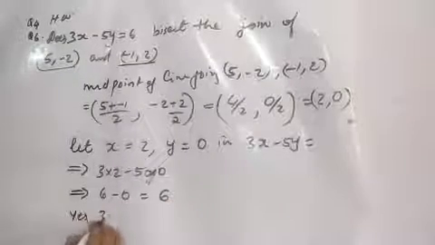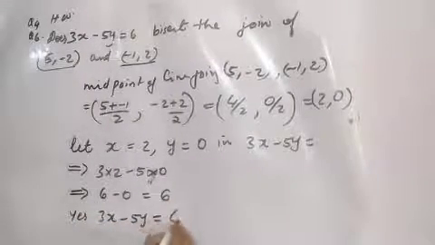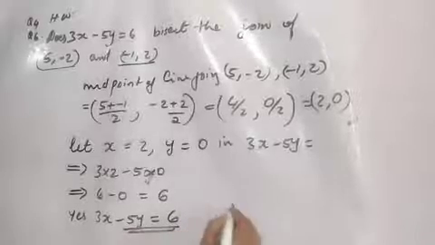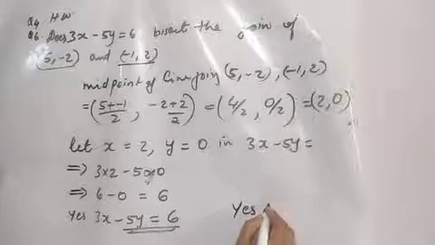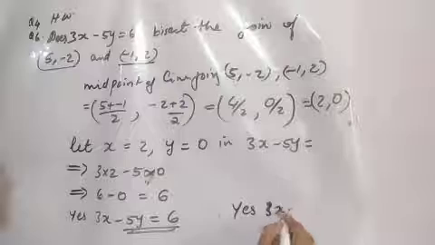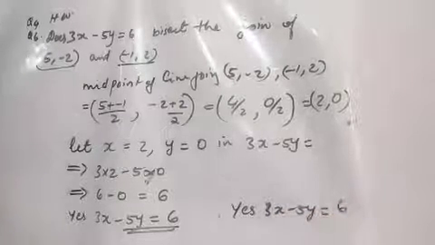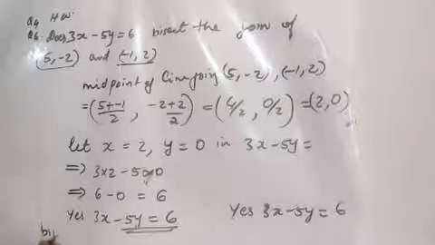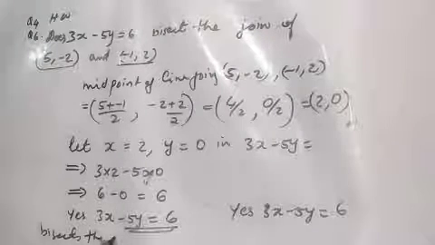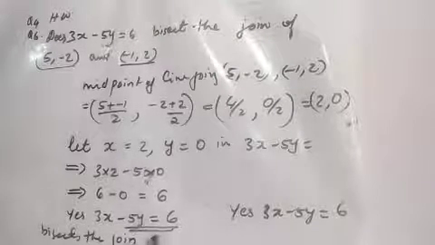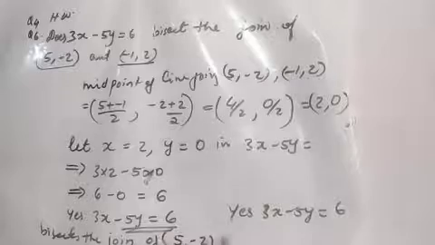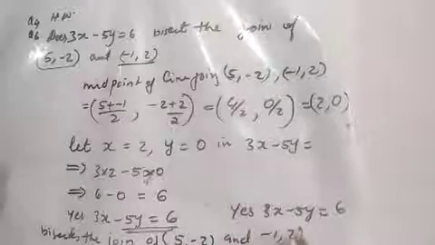Yes, 3x minus 5y equal to 6. Therefore, yes, this line 3x minus 5y equal to 6 bisects the join of (5, minus 2) and (minus 1, 2).